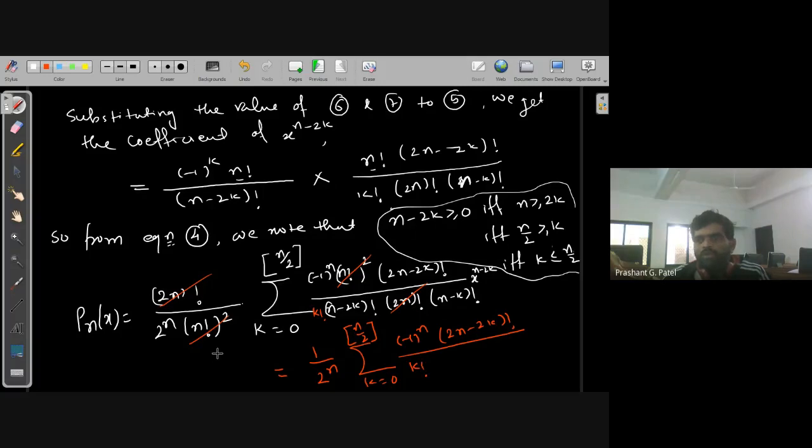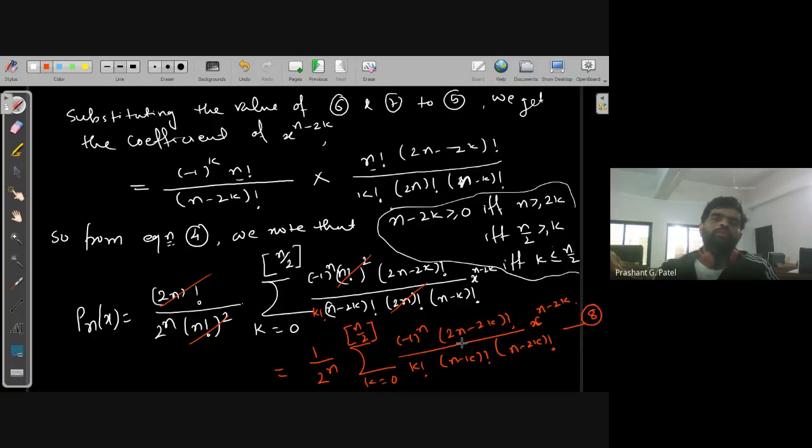K factorial, then it is n minus k factorial, n minus 2k factorial is there, and this 2 raised to n is already written, into x power n minus 2k we will have. We call this expression 8. So Pn is equal to this.